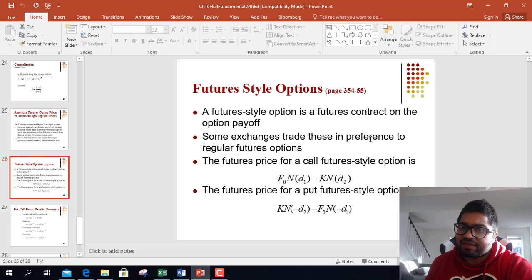Some exchanges trade this in preference to regular futures options. The futures price for a call contract is F N(d1) minus K N(d2), and the futures price for a put futures-style option is K N(minus d2) minus F N(minus d1).